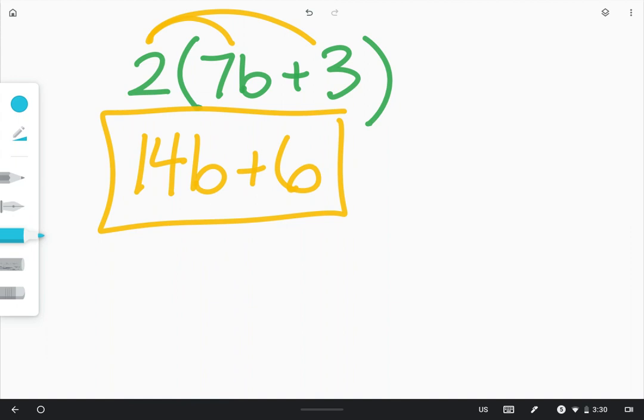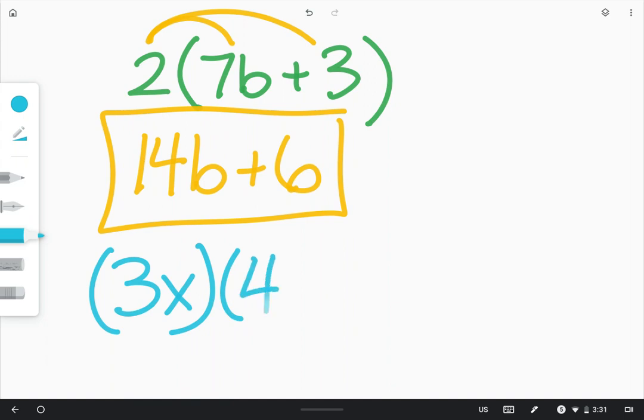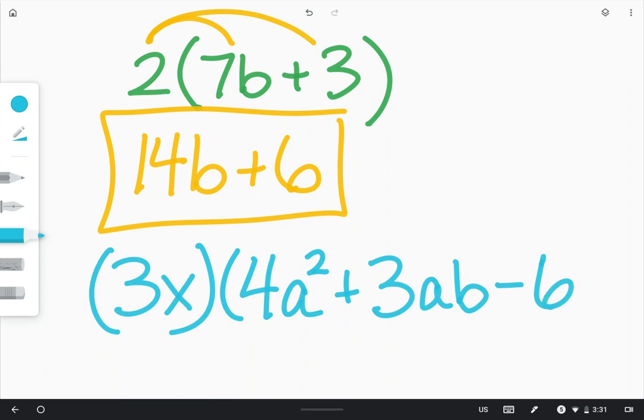So let's say we had something like this: 3x times (4a squared plus 3ab minus 6b squared).